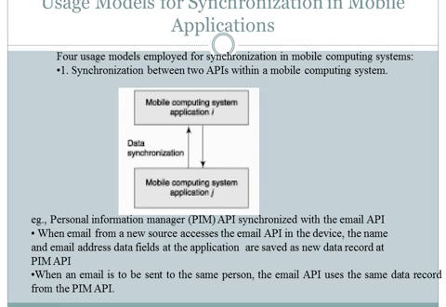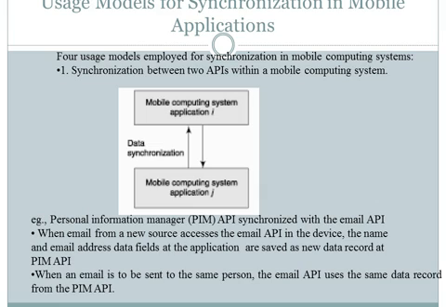In the first type, the synchronization is between 2 APIs within the same mobile computing system. It could also be between a number of APIs within the same mobile device. An example is synchronization between the PIM, Personal Information Manager API, and the email API.